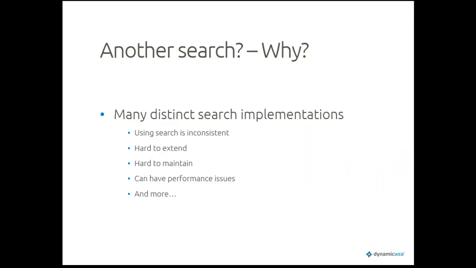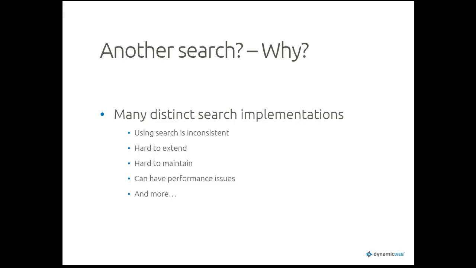So, some of you might be thinking, another search, well, why? The reason is that we have many distinct search implementations in Dynamic Web currently, and that provides some issues. Chief among these is that search is inconsistent. The user experience when you search in one module as opposed to another is not the same.